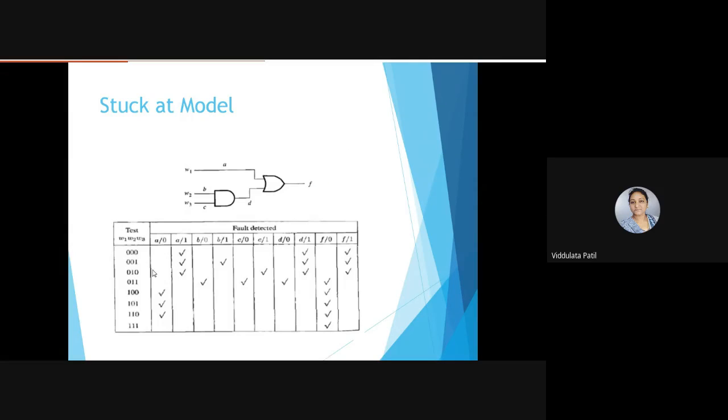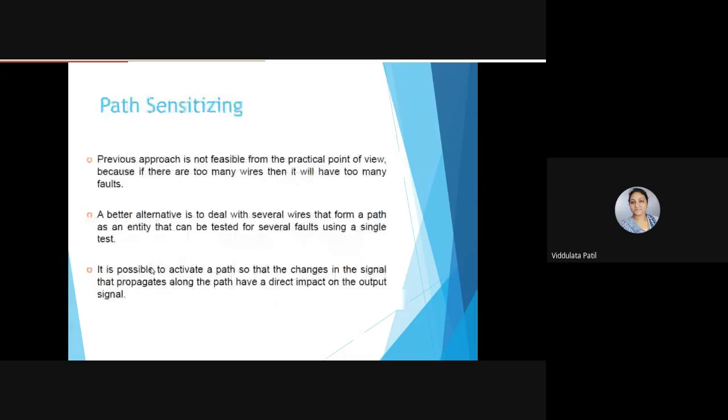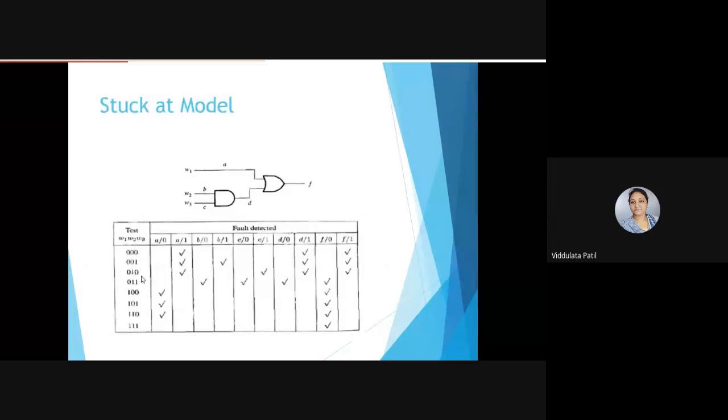If you look at these conditions, 0, 0, 1, then 0, 1, 0, 0, 1, 1, and 1, 0, 0, from this you will find that all the faults are detected. That means if we give only these 4 input vectors, we can find out whether the circuit is faulty for all conditions or not.